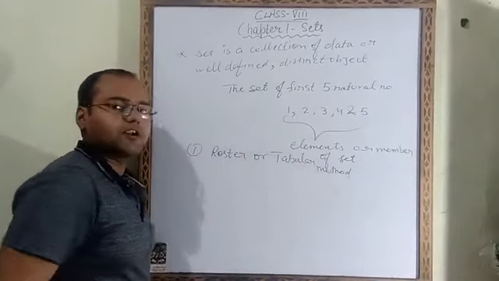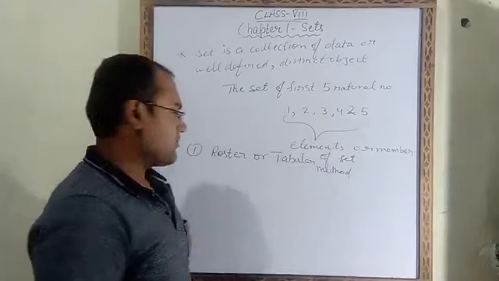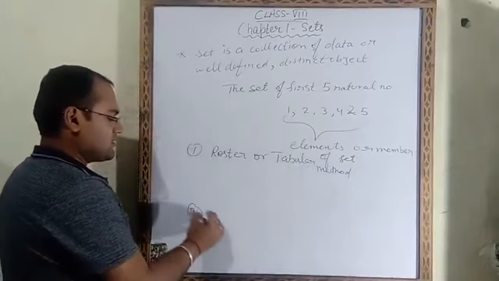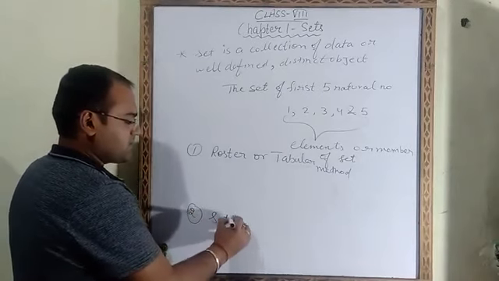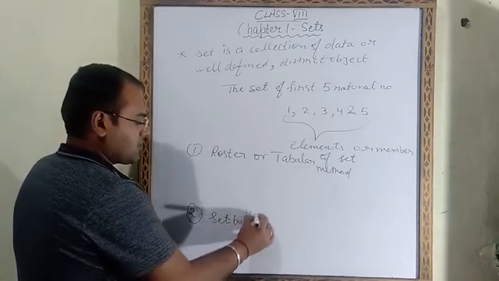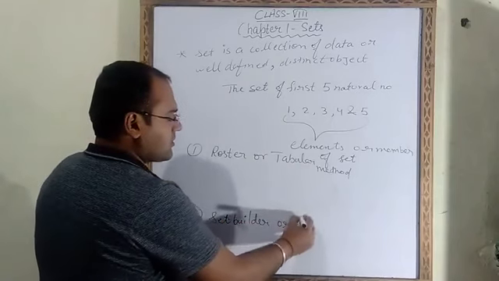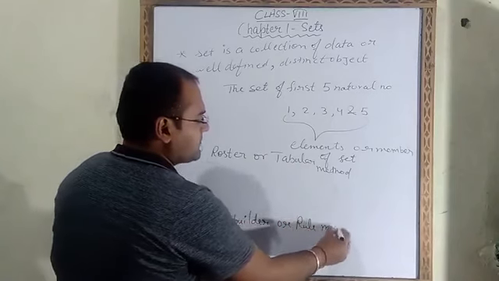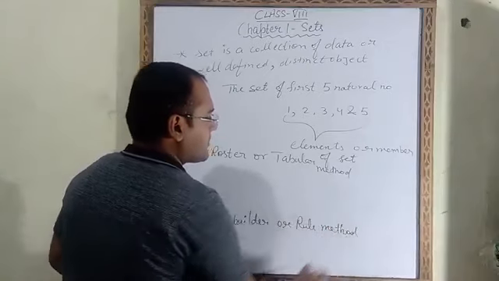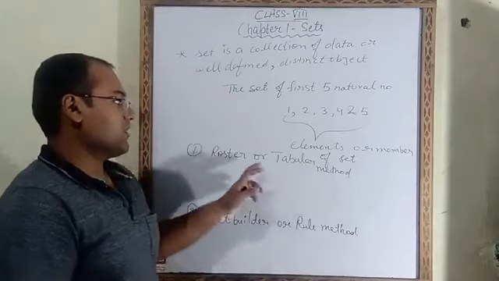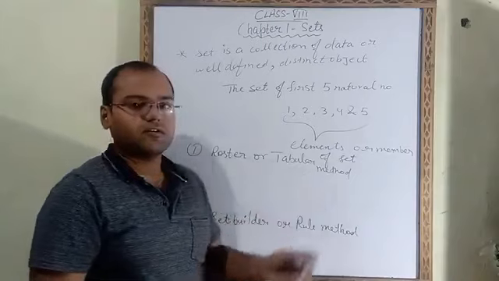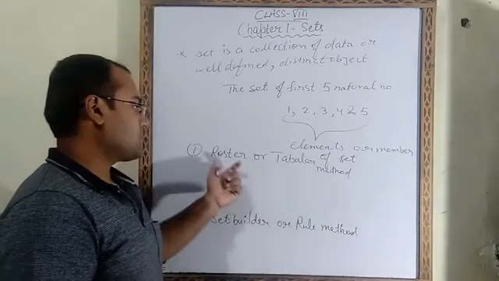This is the first method, roster or tabular method, and second method is set builder or rule method. So in first method, roster method, what do you have to do? What is roster method?